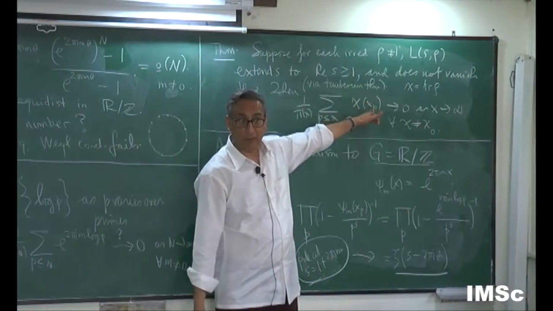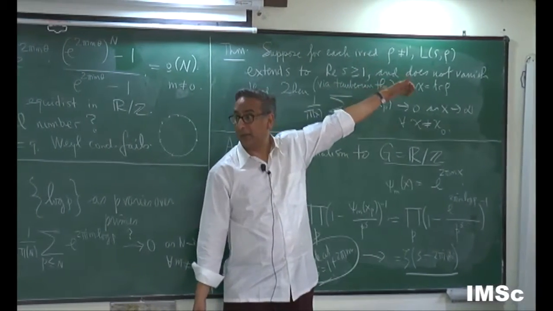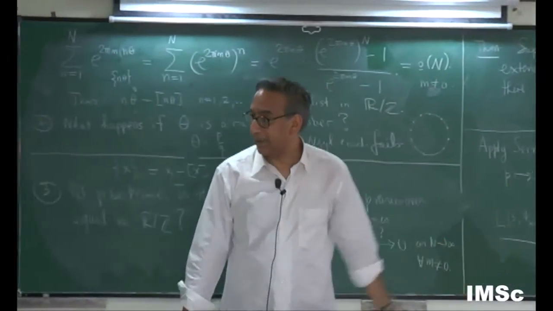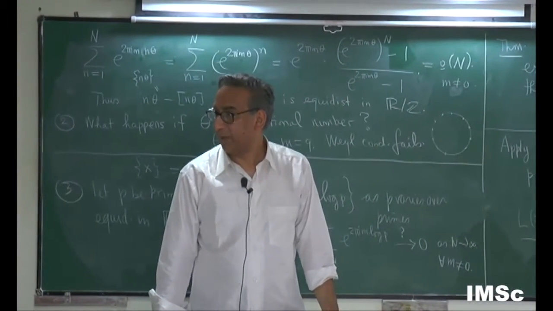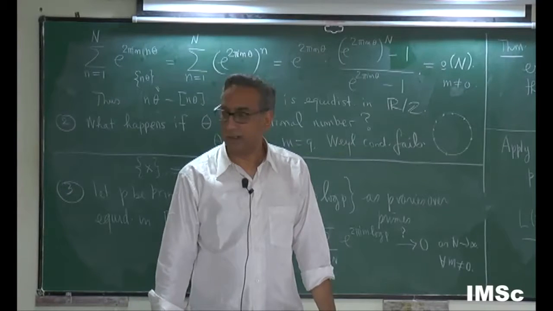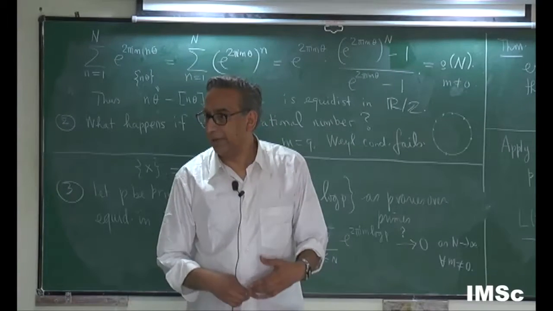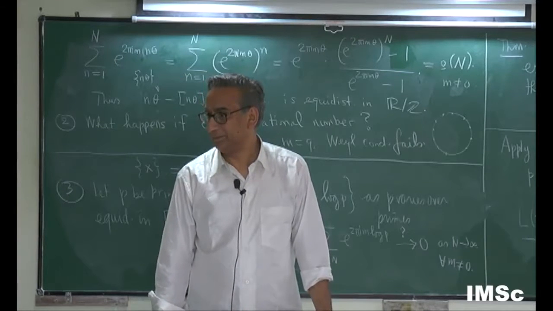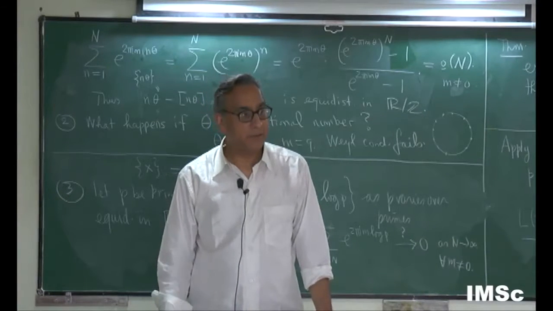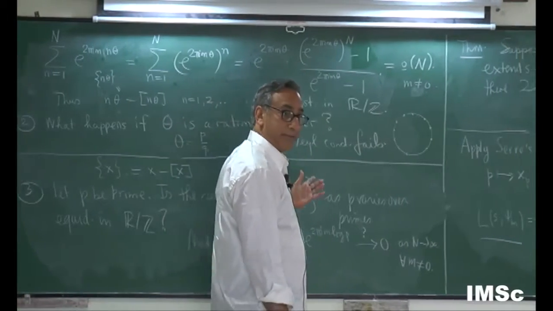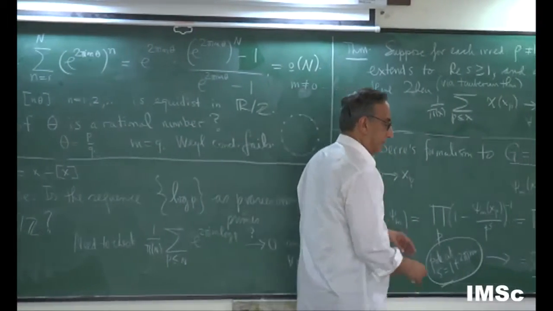If it's equidistributed, then the associated L function should not have a pole, but it does. Therefore, the fractional parts of log p are not equidistributed, which you could never have guessed. Could have never guessed it. You need the zeta function to say that, and you need this kind of mechanics.